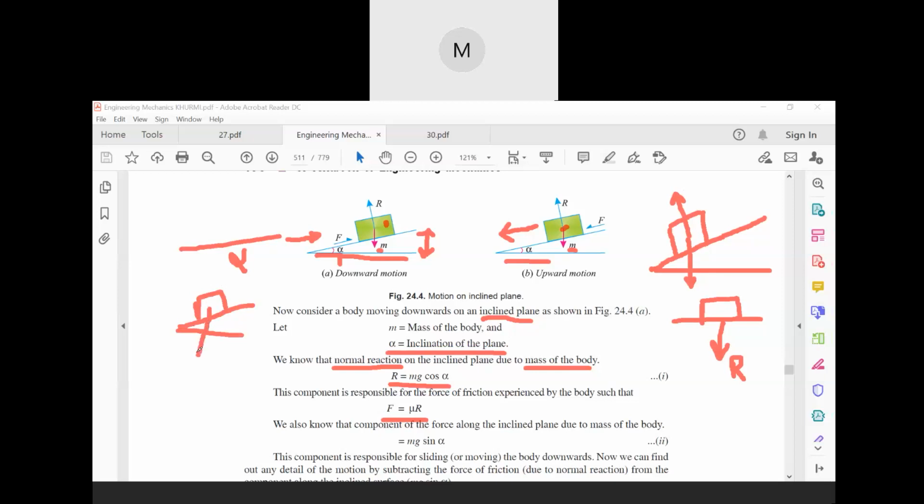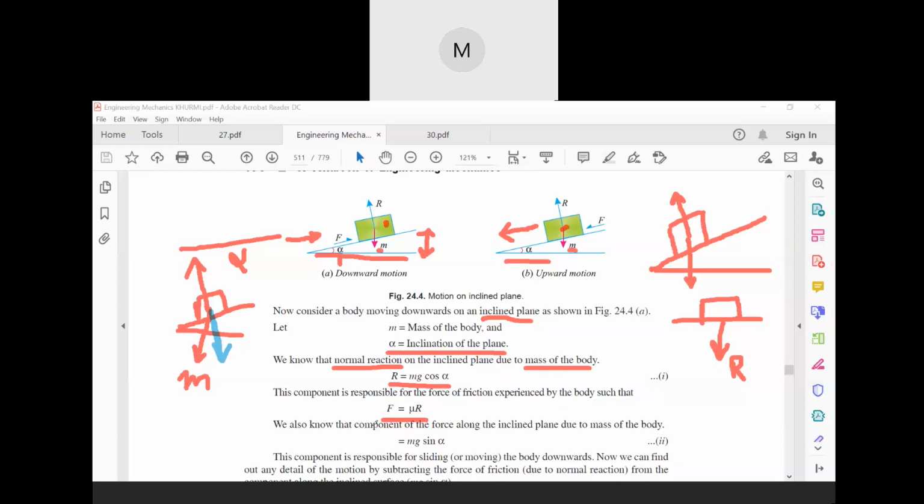M is like this, R is like this. Now if R is like this, then as per Newton's law, there will be an opposing force here. This one is the opposing force.